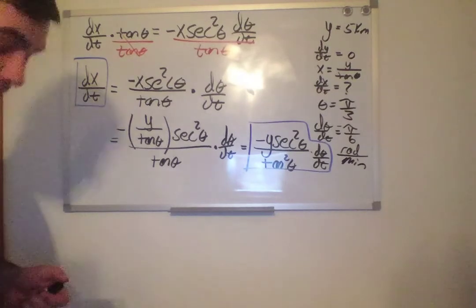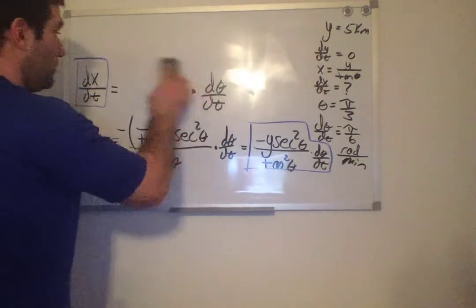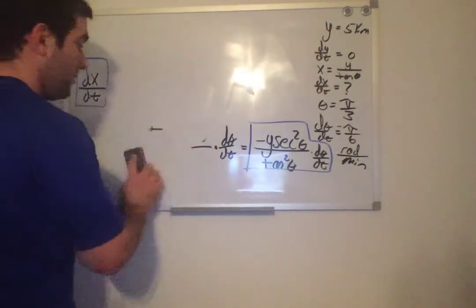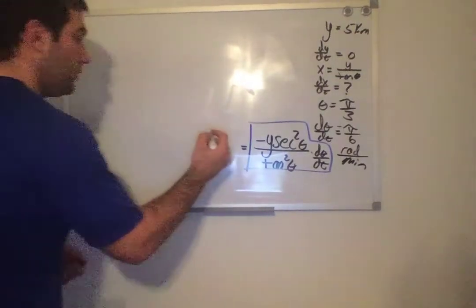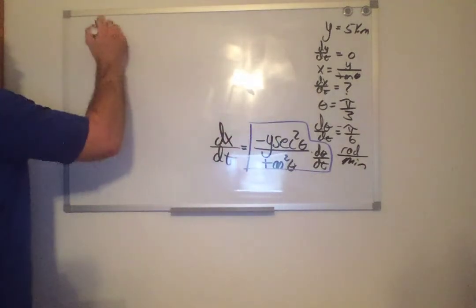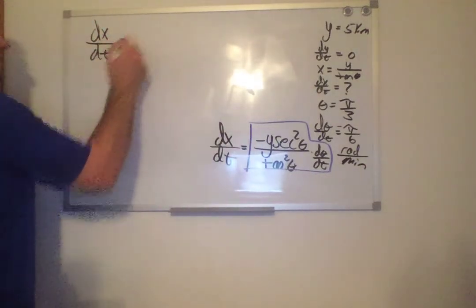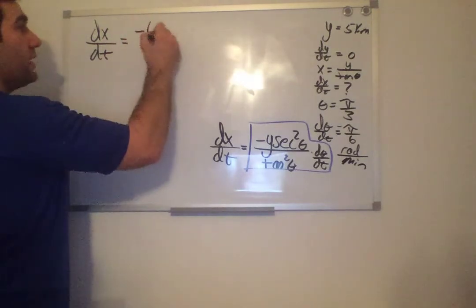All right, so now let's plug in our values. I can erase everything here and move that down there. So here's our dx/dt. So dx/dt is equal to negative y. Well, y is 5.